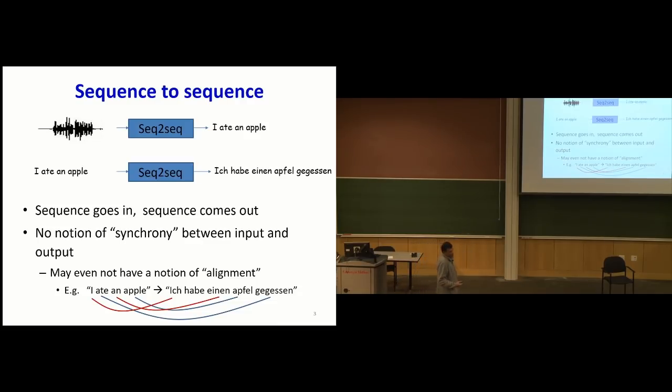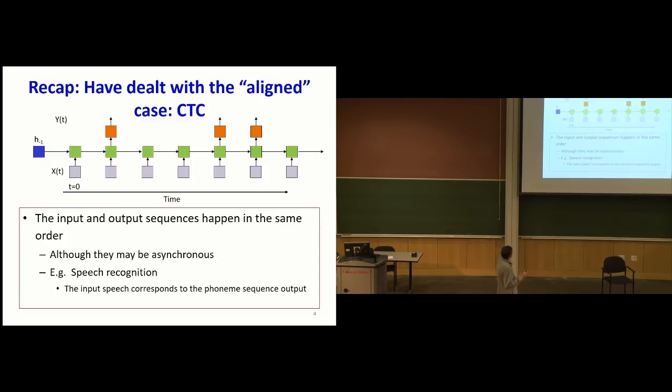So there's no correspondence. Now, in the last couple of lectures, we looked at the order aligned case where you have some input and you have an output, and although the output is not time aligned with the input, the output is order aligned. So what this means is that as you go through the input, you can assign outputs to specific instances of the input.